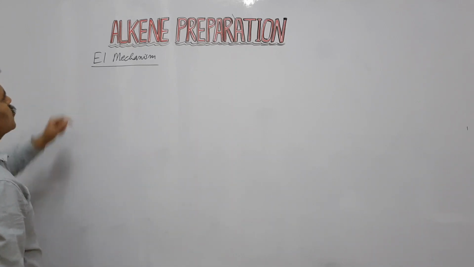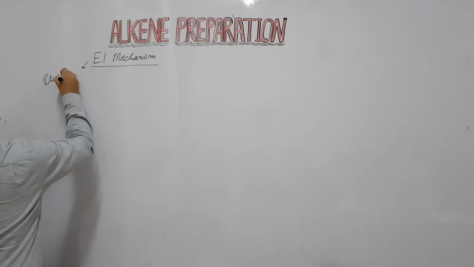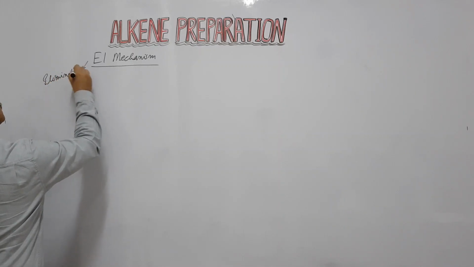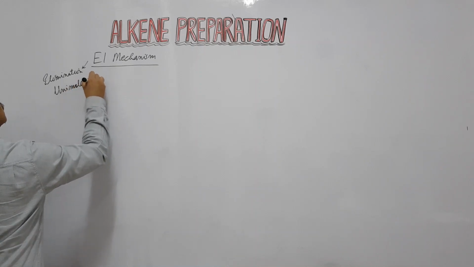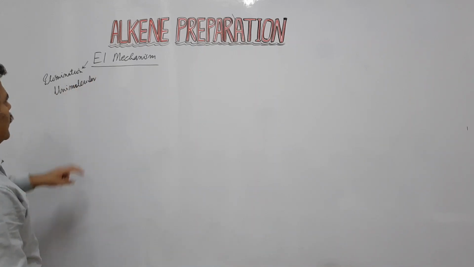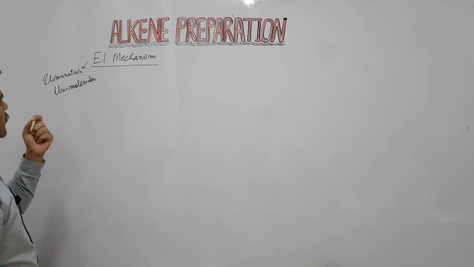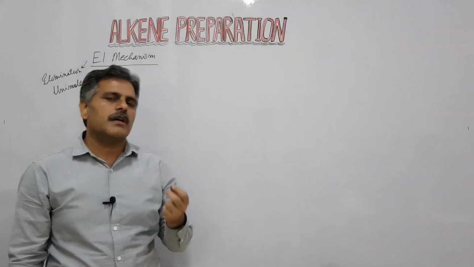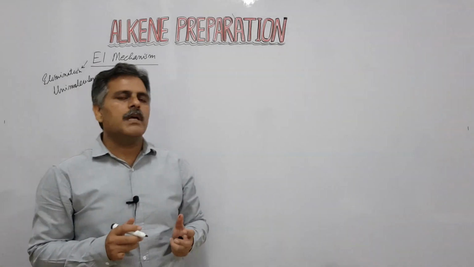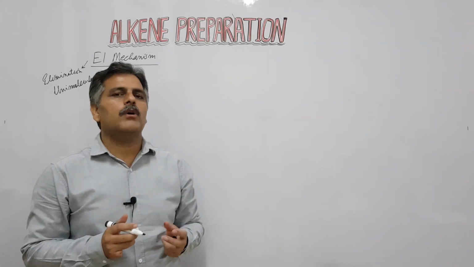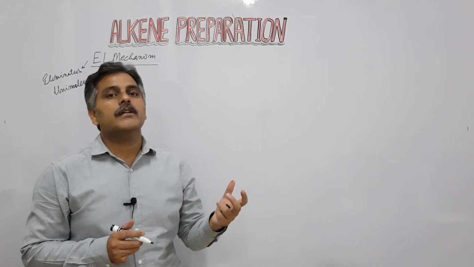E1 reactions. E1 stands for elimination unimolecular. So when you discuss the kinetics of this reaction, the rate of reaction only depends upon the substrate alkyl halide. In E2 mechanism, the rate of reaction depends upon both the concentration of alkyl halide substrate and also the base.